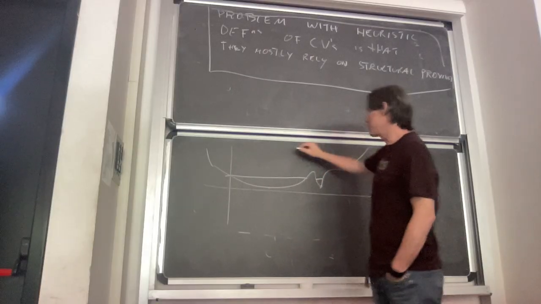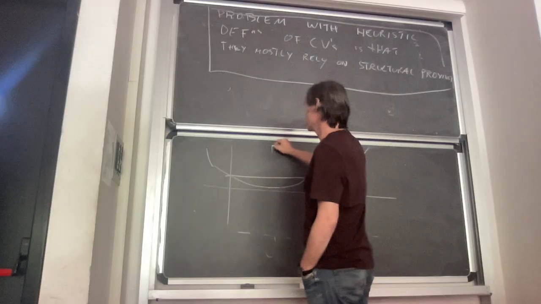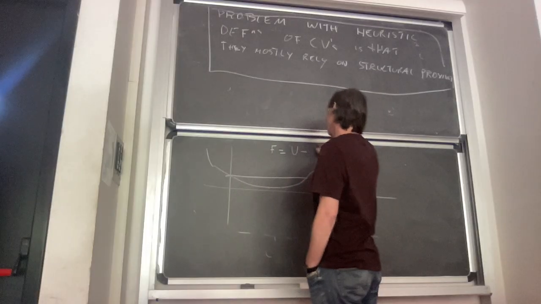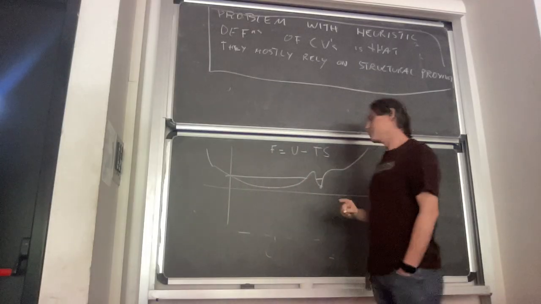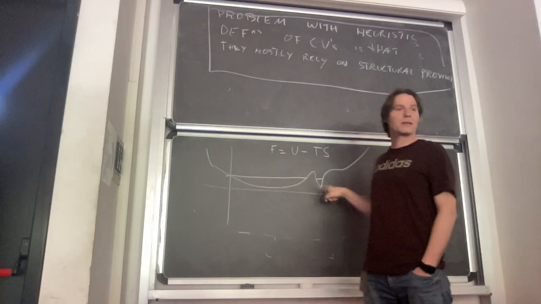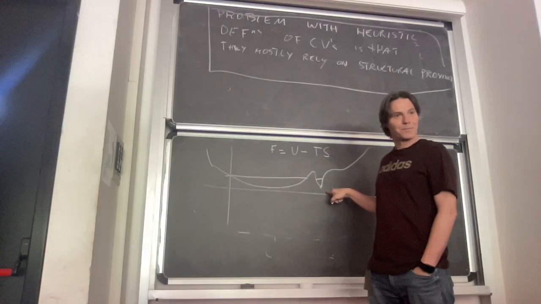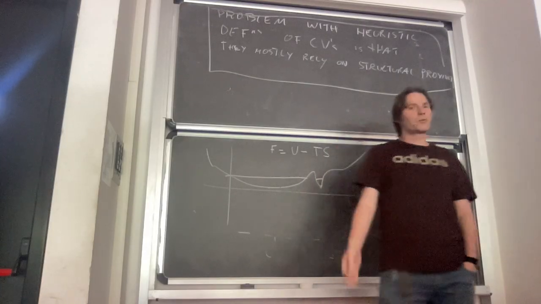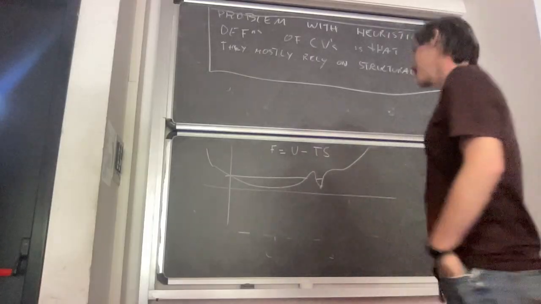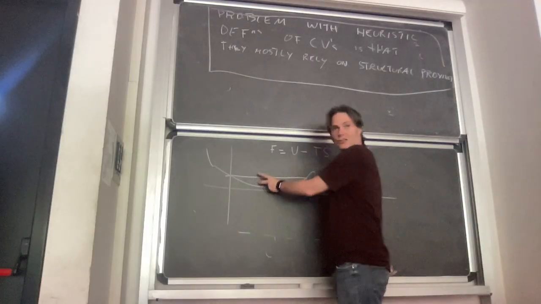So in other words, the Helmholtz free energy F is U minus TS, which means that this has much more entropy than this, right? And if you think about it without going into the formulas, it's clear that the entropy comes from the partition function.